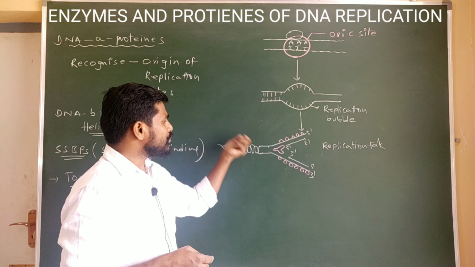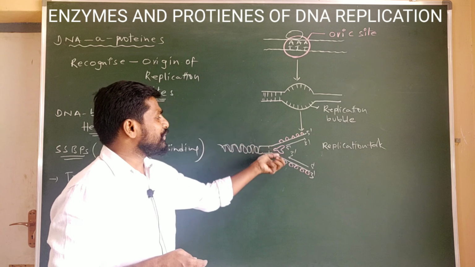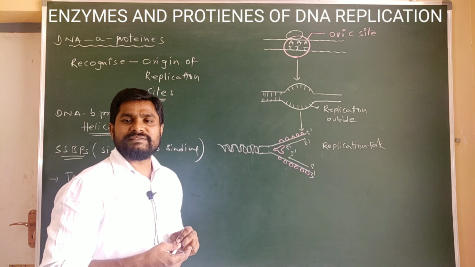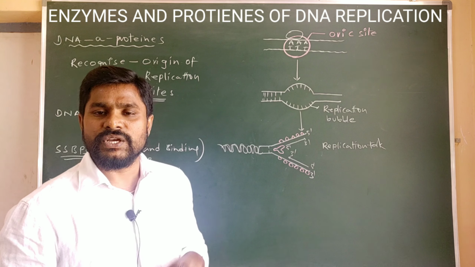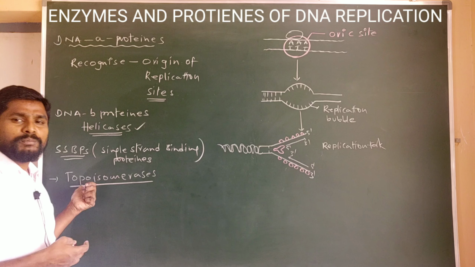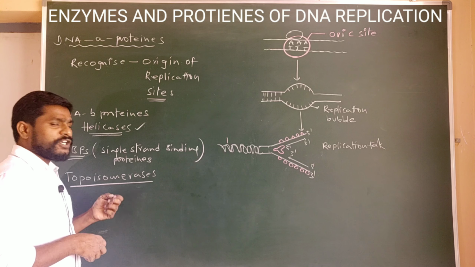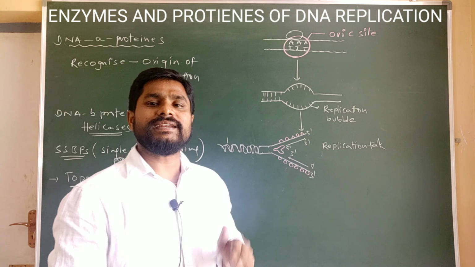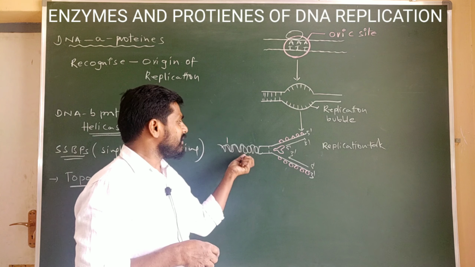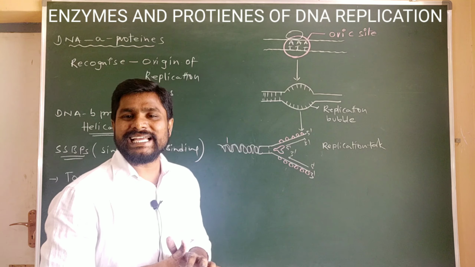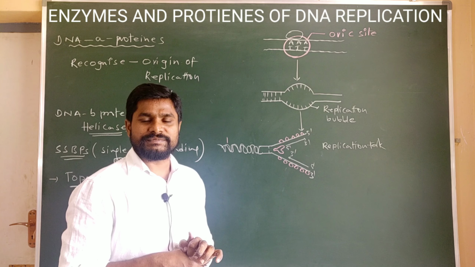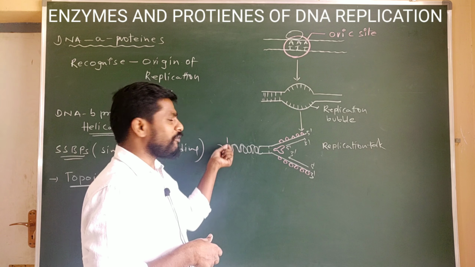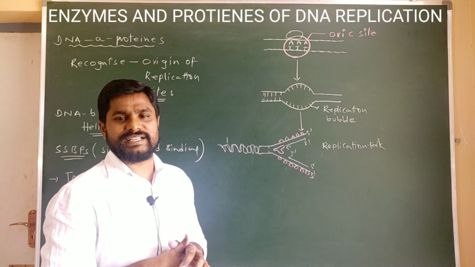So this should not happen during the process of replication. In order to prevent the breakage of DNA due to supercoiling, in turn due to the action of helicases, the process of replication has a special type of enzymes. Those enzymes are called topoisomerases. The function of these topoisomerases is to relieve the tension created on the double helical DNA in front of helicases due to supercoiling. In order to relieve that, these topoisomerases form nicks and again seal the nicks.